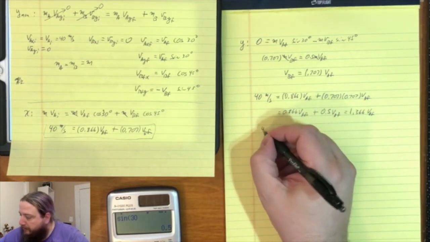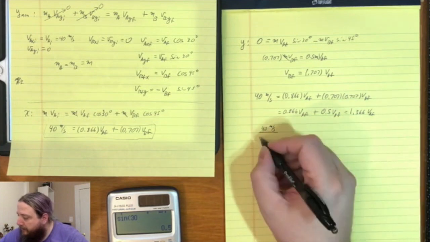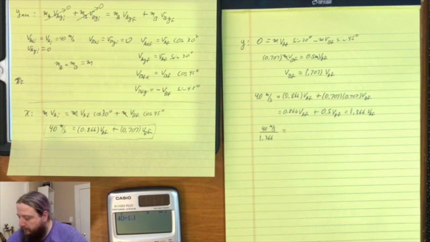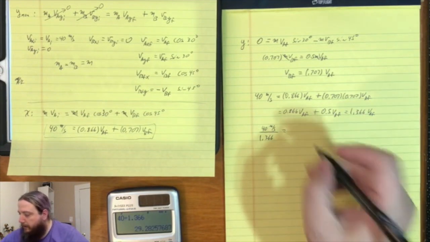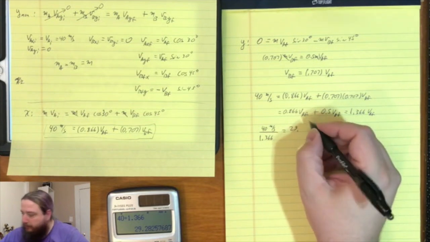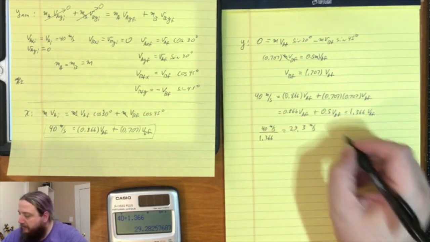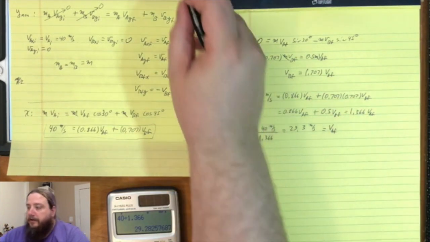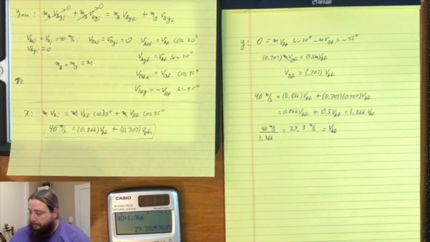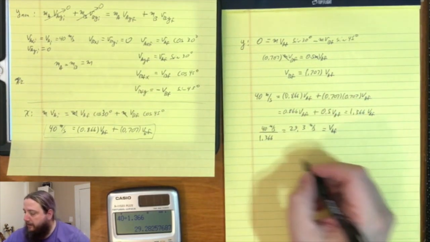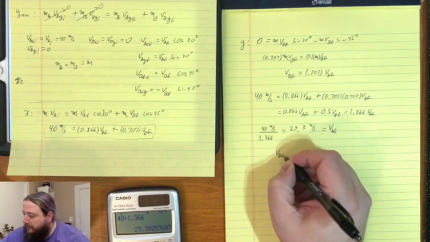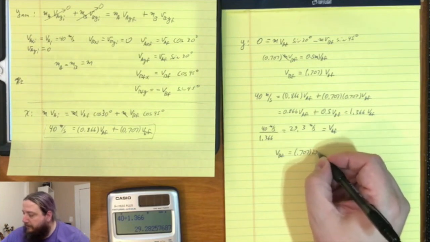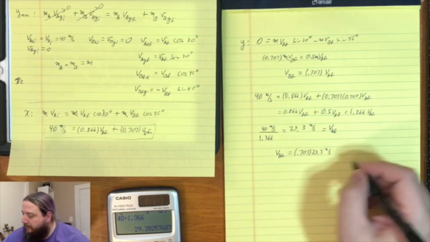So if we take the 40 meters per second and divide by 1.366, we get 29.3 meters per second, and that's the final velocity of asteroid A. And then once we have that, we can plug that in up here and see that the final velocity of asteroid B is 0.707 times our 29.3 meters per second.